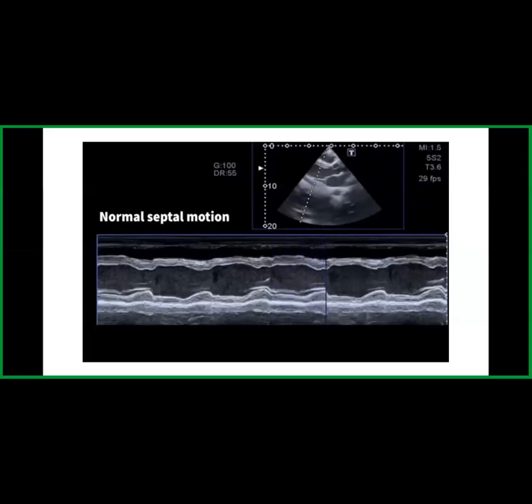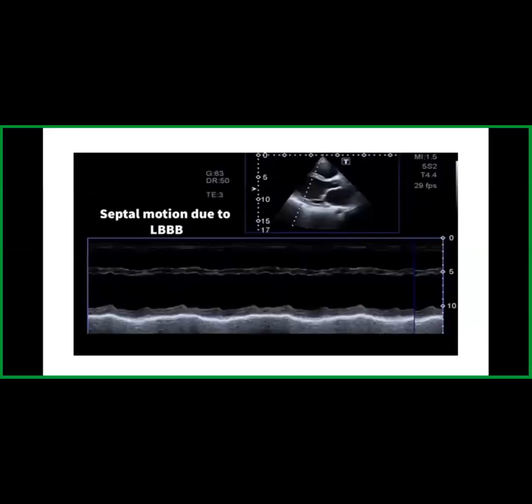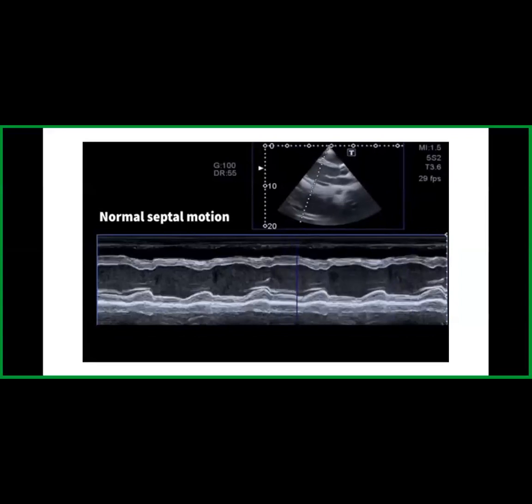But a left bundle branch block will appear like this when we take an M mode in echo, and the movement of the IVS is very limited. As I stated before, there is paradoxical movement of this intraventricular septum.